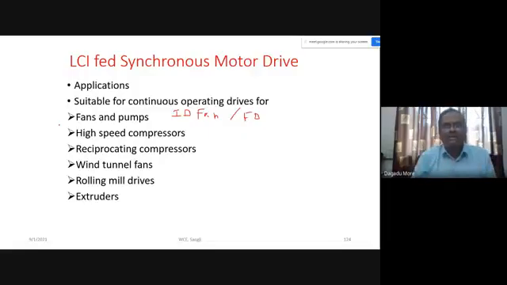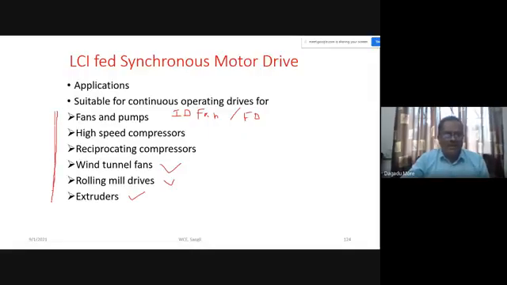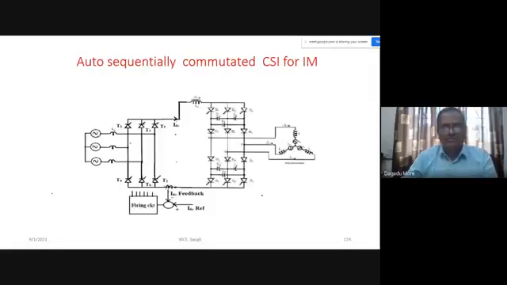Also high capacity pumps, high speed compressors, reciprocating compressors, wind tunnel fans, rolling mill drives, and extruders. These are high power applications where we can use these LCI fed drives.